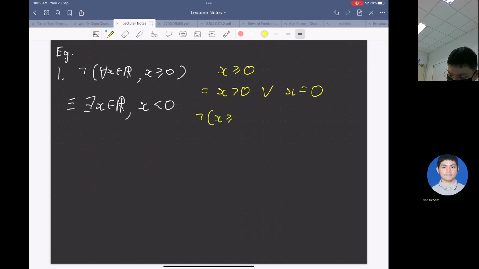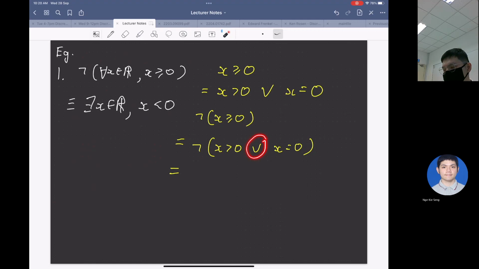If we want to take the negation of this, it's actually not (x greater than 0 or x equal to 0). So what is this? The negation of a disjunction. What law do you need to use? The only law you need to memorize today. De Morgan's law. So you get not x greater than 0 and not x equal to 0.